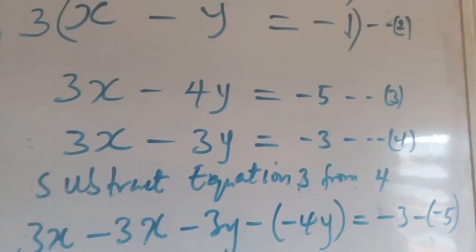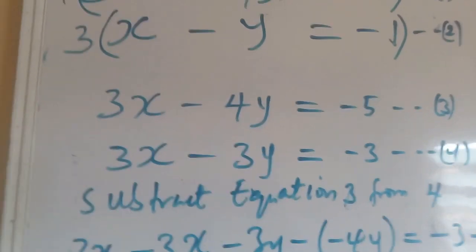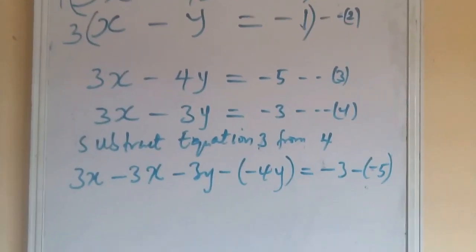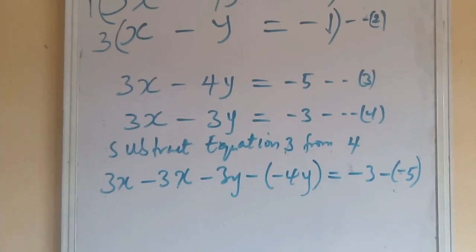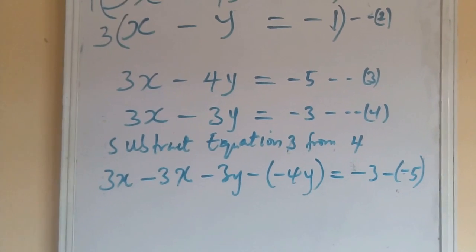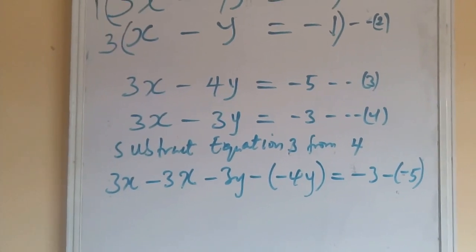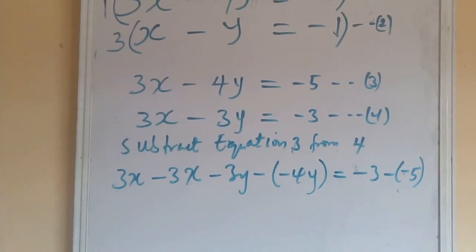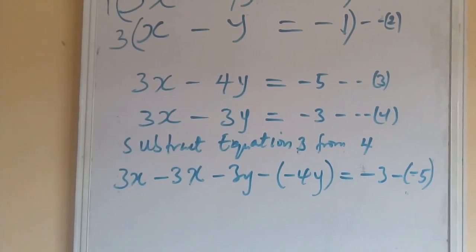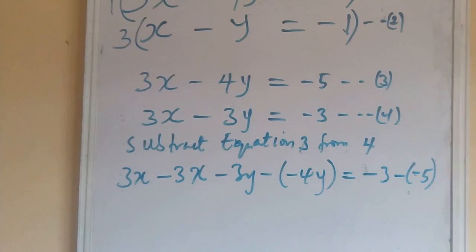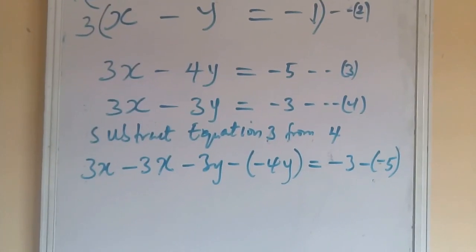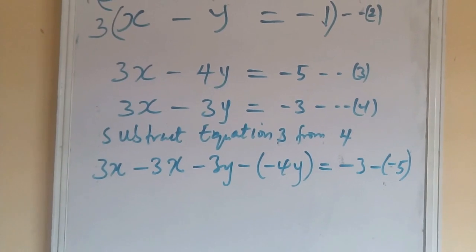The next step is to subtract equation 3 from 4. When we subtract, 3x minus 3x, and minus 3y minus minus 4y, equals minus 3 minus minus 5. We have been able to subtract equation 3 from 4.